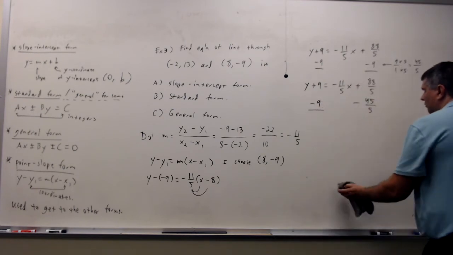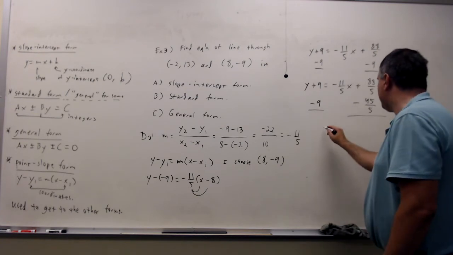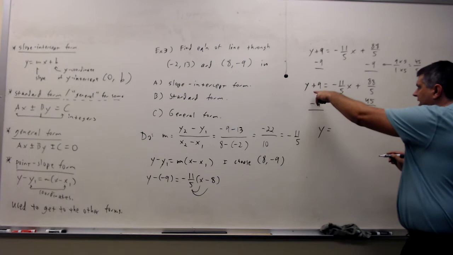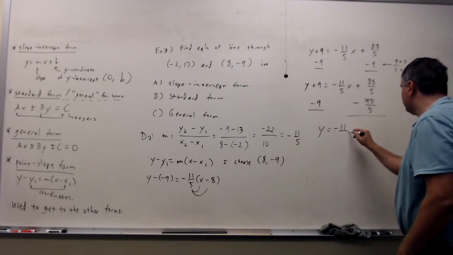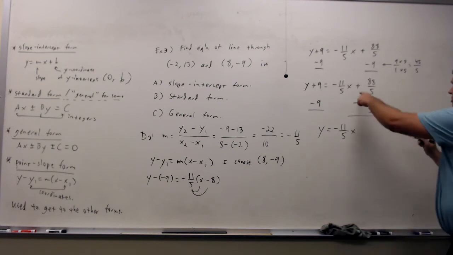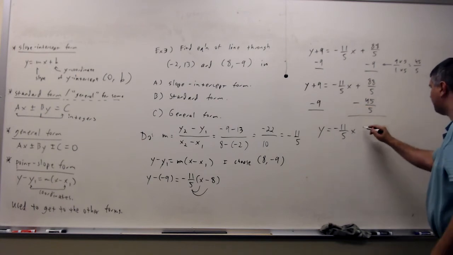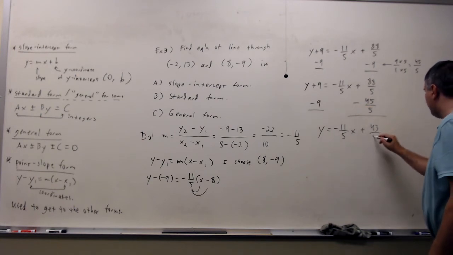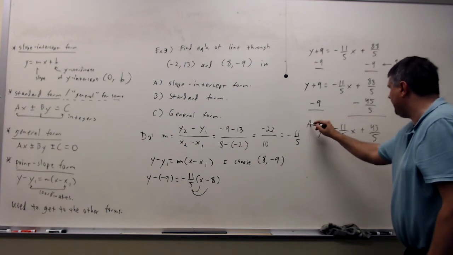These two are equivalent. All right? So this will give me y equals, when the y's cancel here, negative 11 fifths x. Okay, keep the denominator. So I'll have 88, take away 45, that's positive 43, put it over 5. A is done.